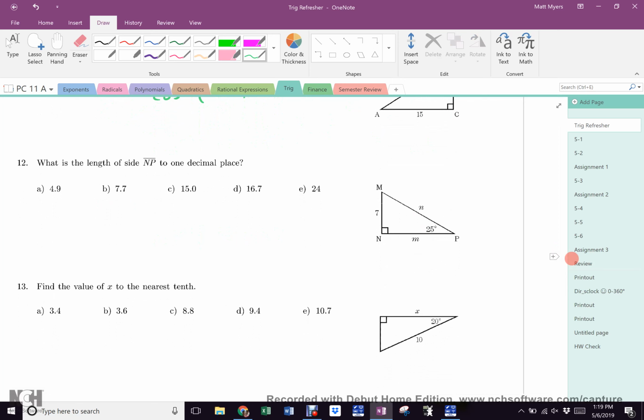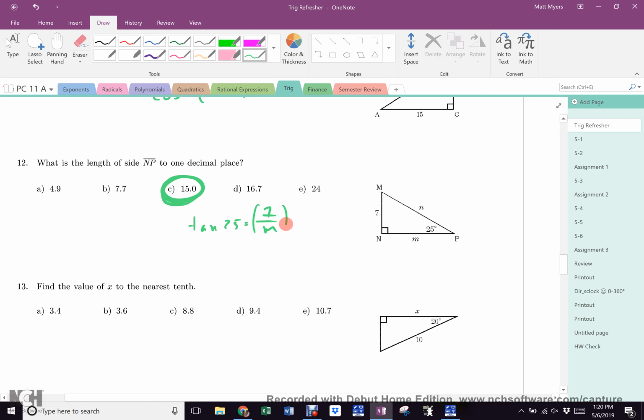What is 12? C. Anybody need to see that? Okay. Tan 25 equals 7 over M, because M is NP, right? Do algebra. How do I get M isolated?